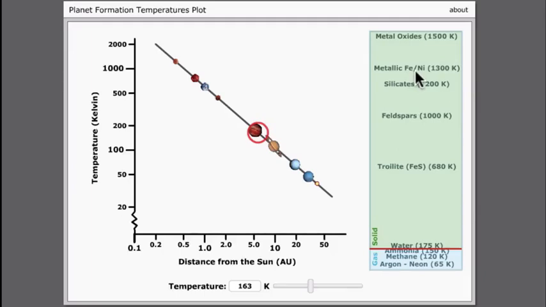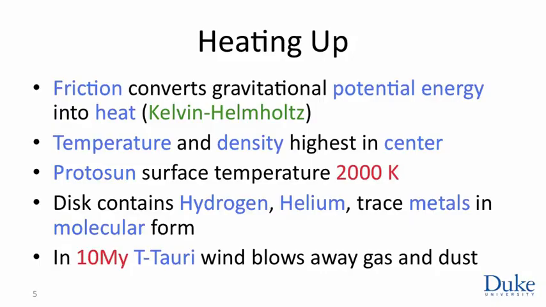They're relatively plentiful. Water becomes solid just inside Jupiter's orbit. Perhaps not a coincidence. And then farther out, ammonia and methane become solid somewhere between Saturn's orbit and Uranus's orbit, and argon and neon, noble gases, are solid farther out. What we see is that as you go farther out into the nebula, there are more solids, and this will have an important impact on planet formation.